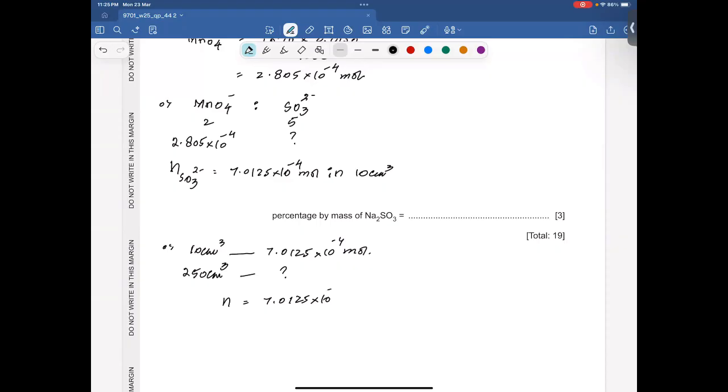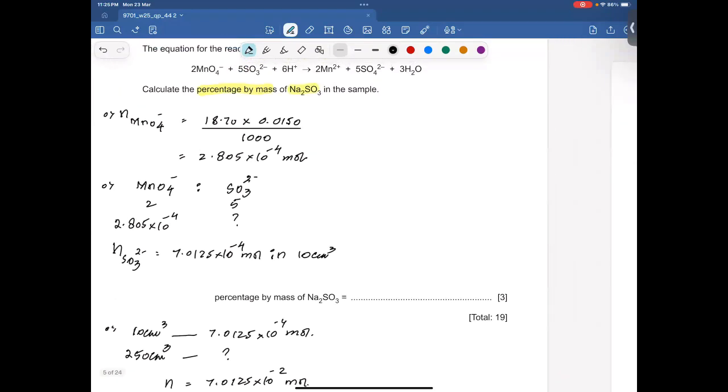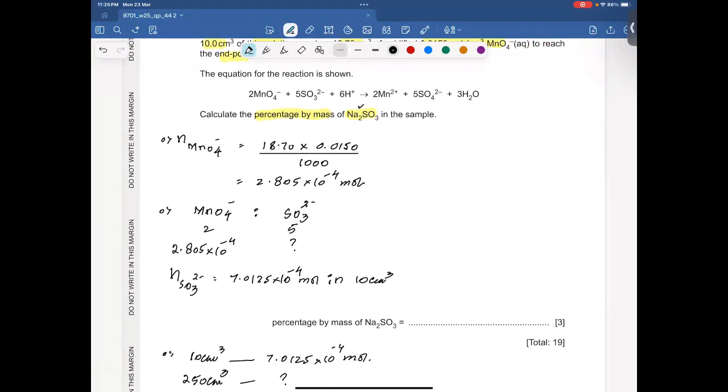So it's basically minus 2. Okay. Take out the Mr of sodium sulfite. So it's basically 23 times 2 plus 32.1 plus 16 times 3. So the Mr of sodium sulfite is going to be 126.1.